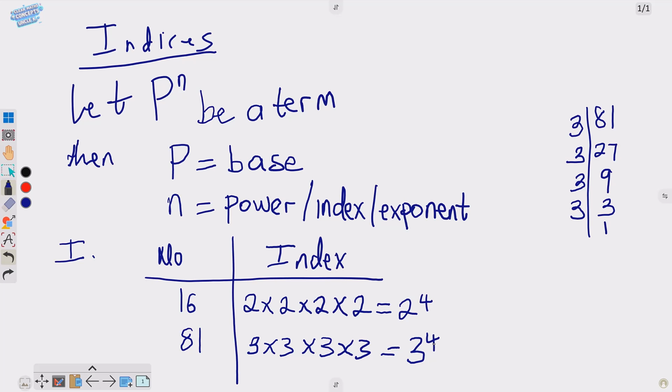Let's go to the second case. This is quite simple and straightforward. The second one, now we have number and the index.